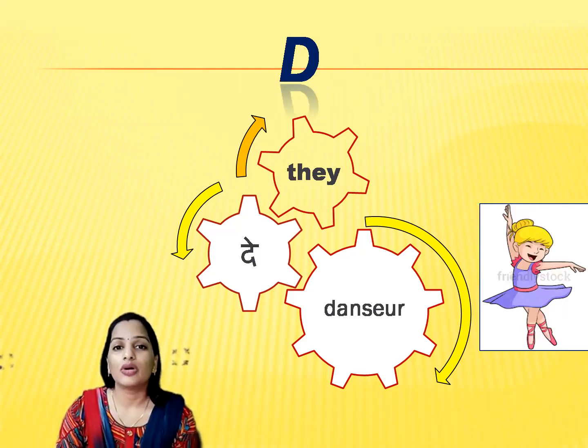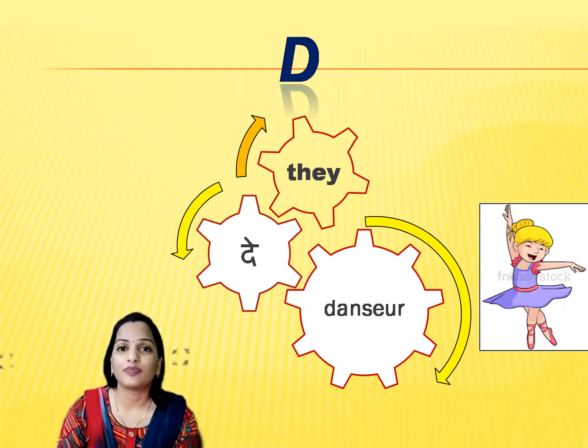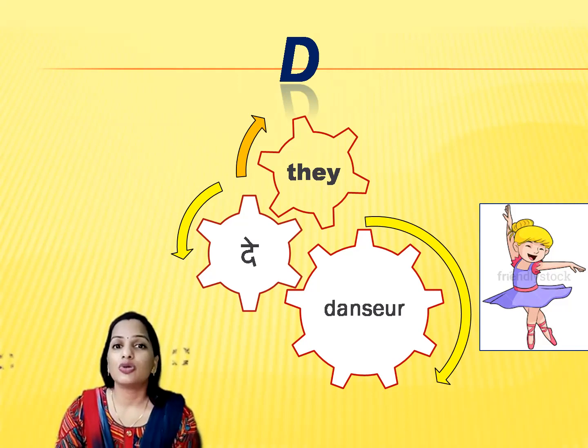Day. Répétez. Repeat. Day. And one example is danseur. What is it? Danseur. Very clearly you can make it out. Danseur means a dancer. So in English, we call it a dancer, and in French, we call it danseur.